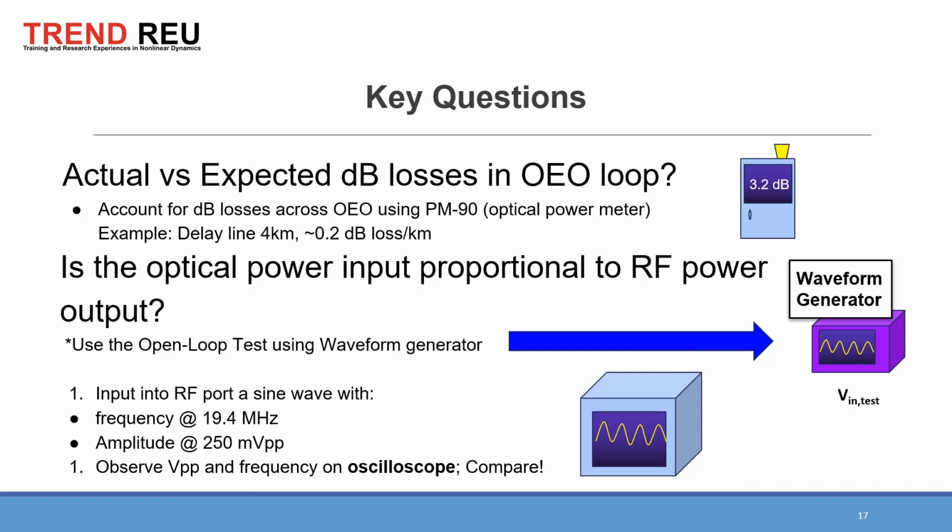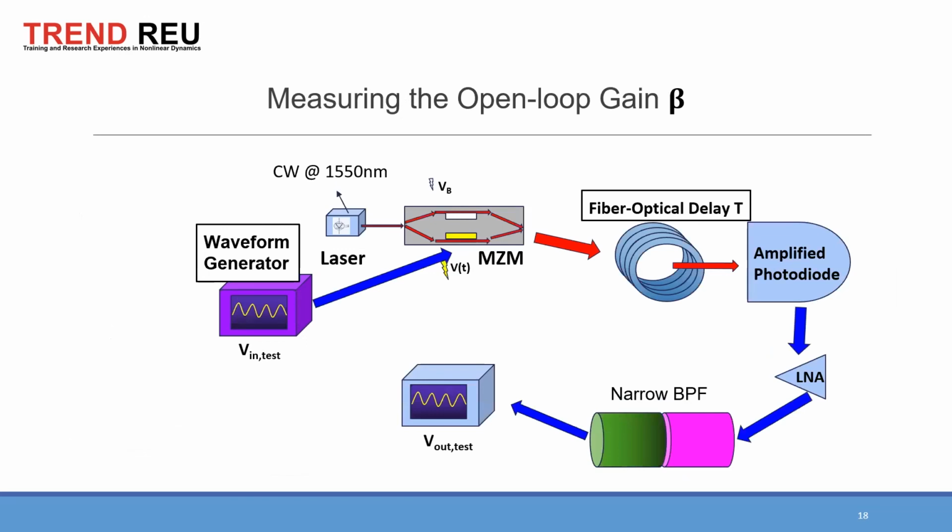We can look at the oscilloscope and, giving this test signal B in, see what kind of B out we get. By doing B in over B out, we can measure the open loop gain. And again, notice how the loop is broken. That's why it's called an open loop.